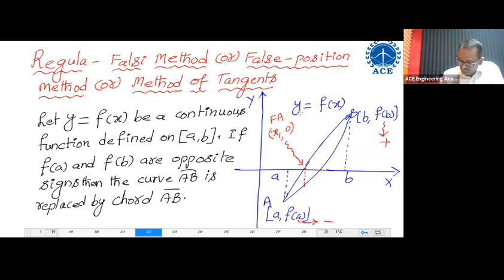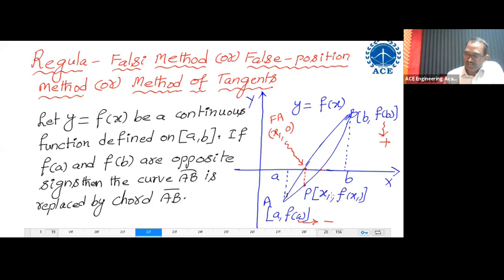So let this point be P. This point and this point are both x1, because both are equidistant from the y-axis. So if x is equal to x1, y is equal to f of x1.